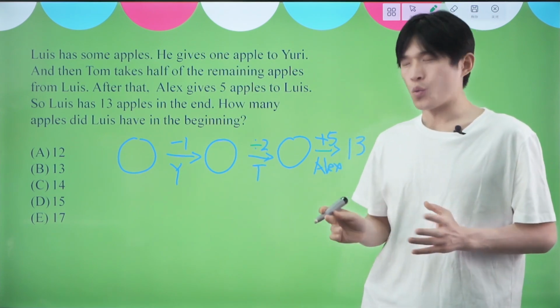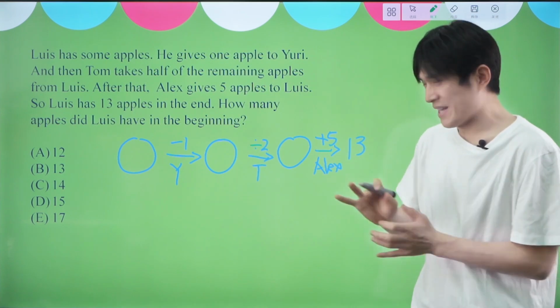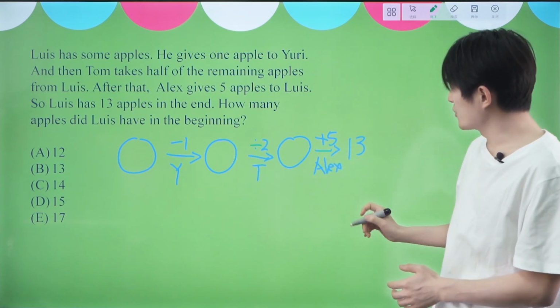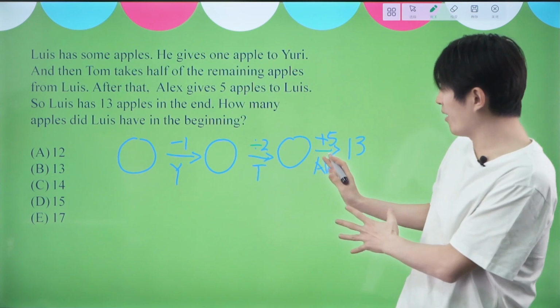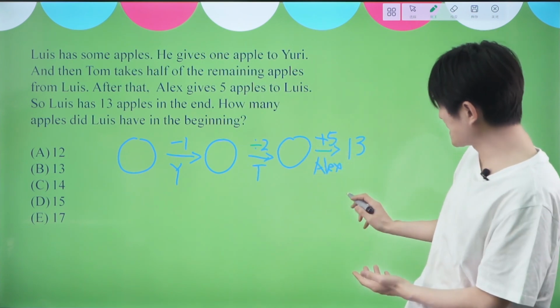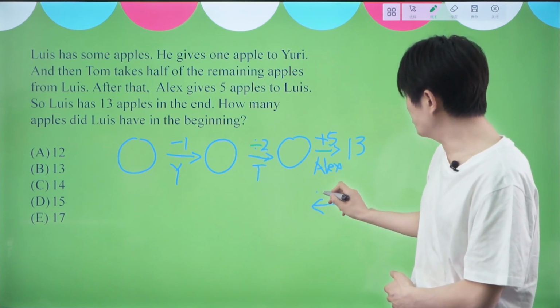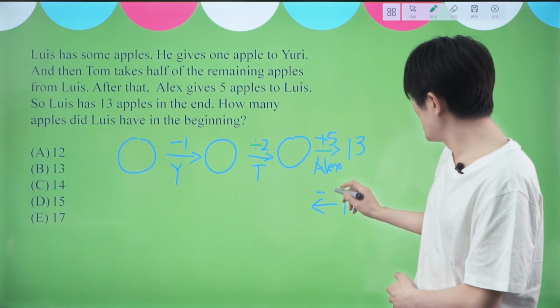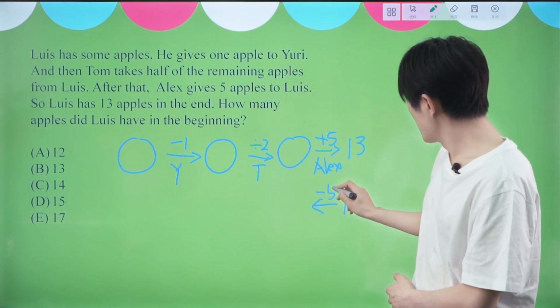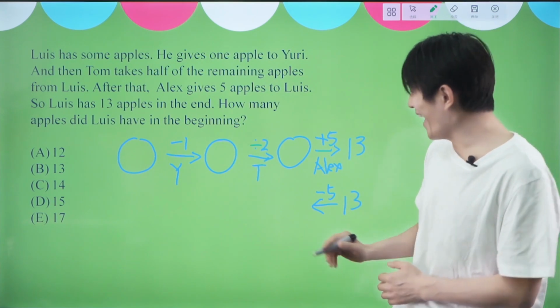So now we try to find the original apples Louis got. So let's use working backwards. An unknown number plus 5 is 13. So what is this unknown number? So we can simply subtract 5 from 13. So that will be 8.